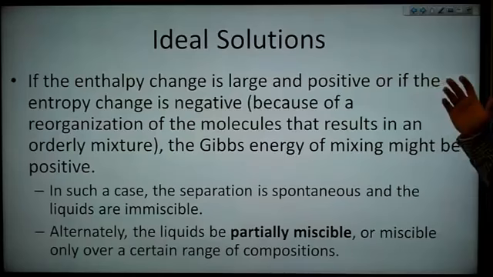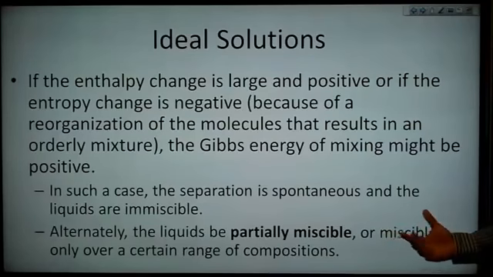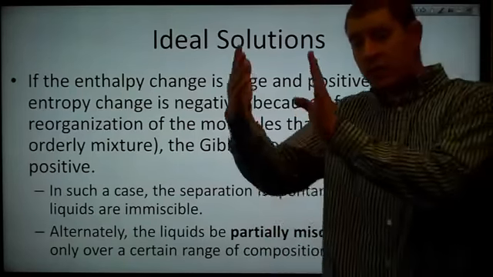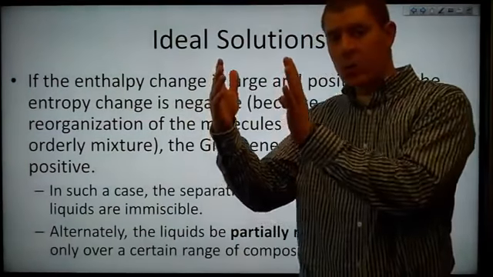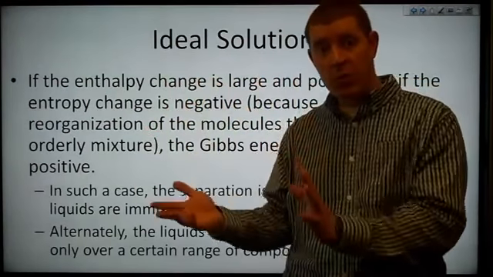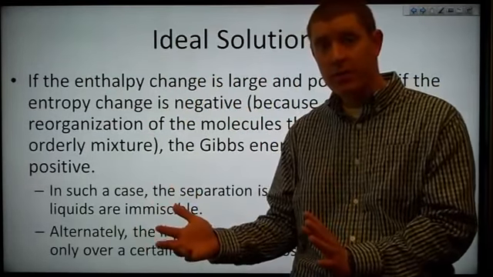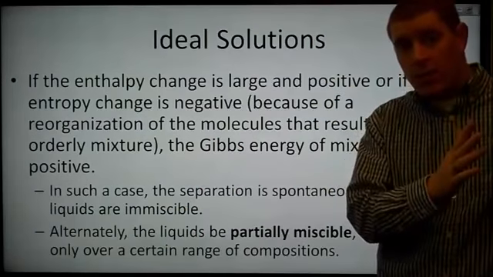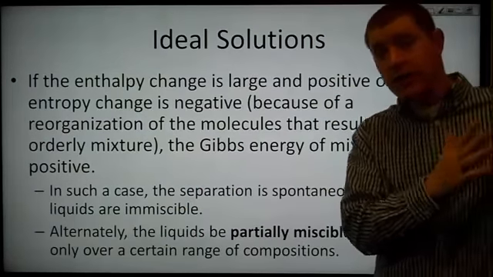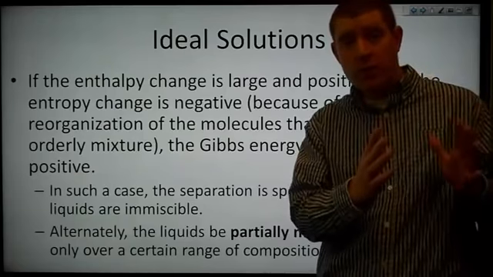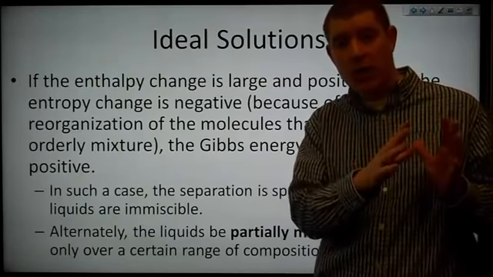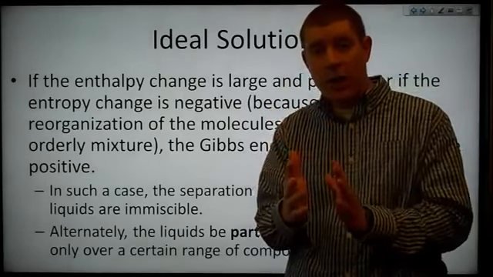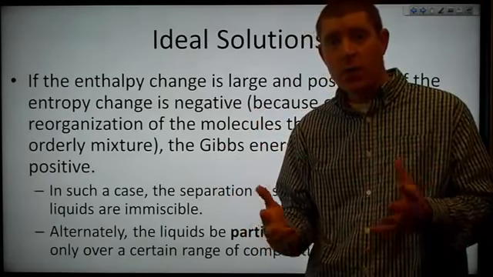Alternately, the liquids might be partially miscible, or they might be miscible only in a certain range of compositions. So it may be that if you have just a small amount of B dissolved in A, they're totally miscible and you only have one phase. And it may be that with mostly B and just a little bit of A, they're totally miscible and you can dissolve all of the A that you have in B. But it may be that in between, at say a 50-50 ratio, you may have two phases.